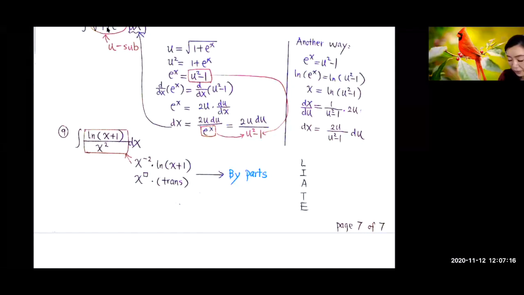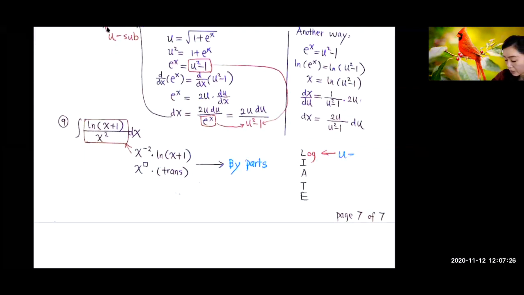Yes. The first one over here is the log function. So we're going to let u be equal to ln of x plus 1.